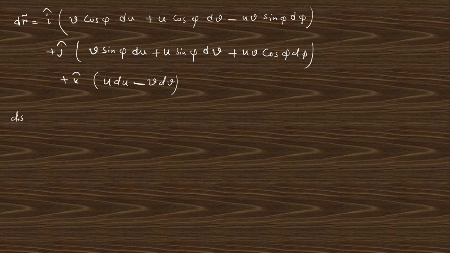So if you want to find ds square, this is nothing but dr vector dot dr vector.